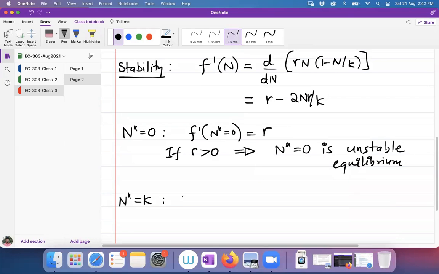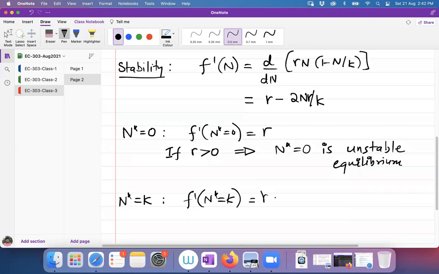What about this? Of course, the converse holds true. If R is less than 0, the exact opposite will be true, which means that n star equal to 0 will be stable. Again, let's calculate f prime of n star at k. If I now substitute n is equal to k in this equation, what do we get?